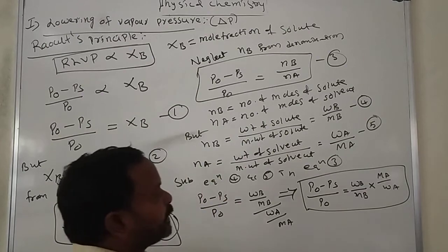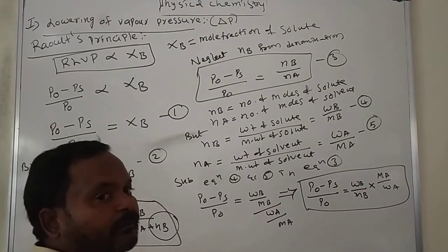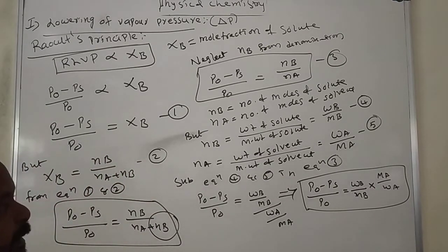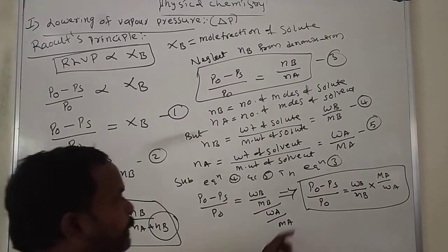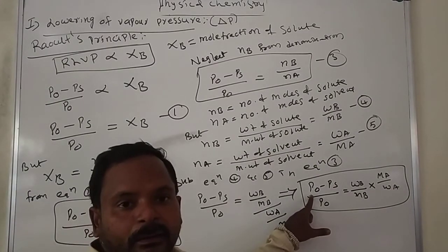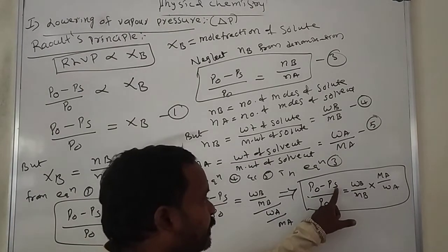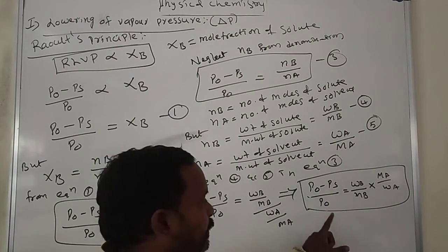One more mathematical expression of the Raoult principle. What is the P naught? P naught is the vapor pressure of pure solvent. Ps means vapor pressure of solution.